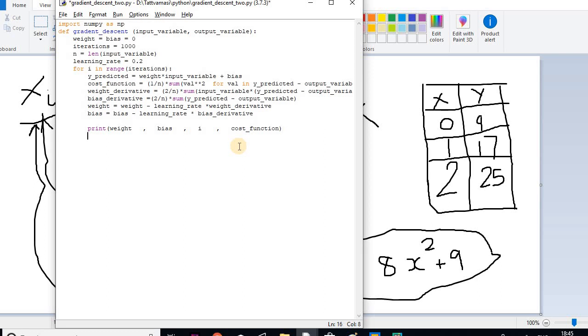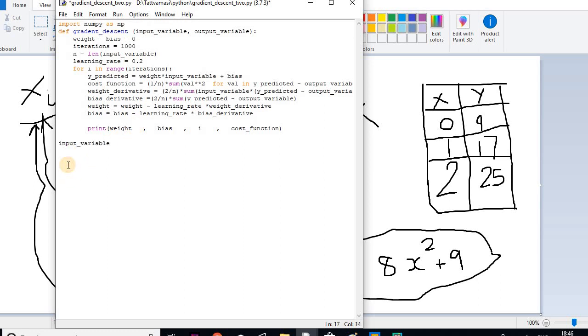Now we need to give the input variables and output variables here. I am going to give the input variable as a numpy array.